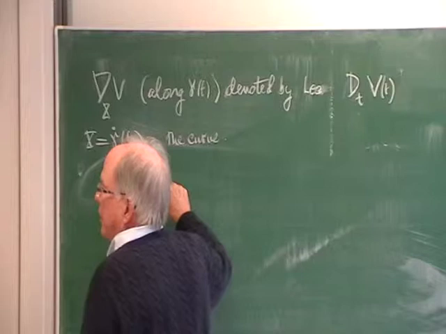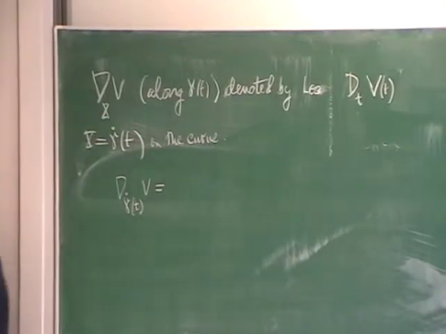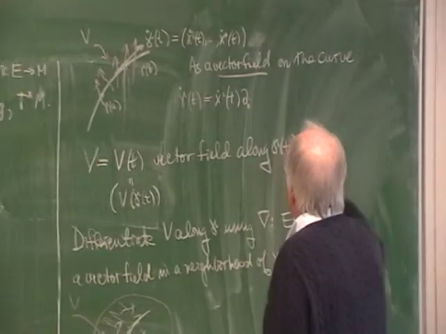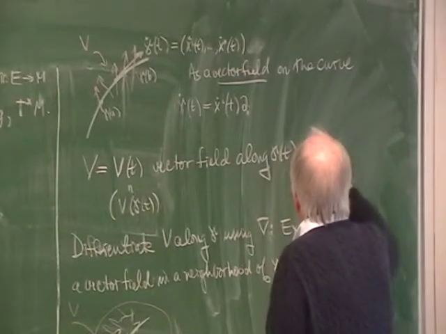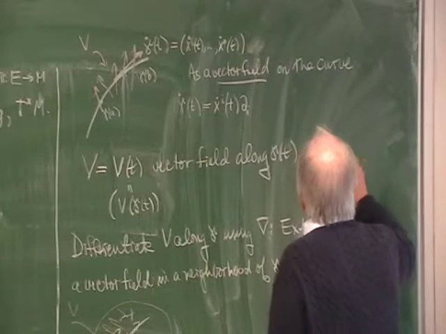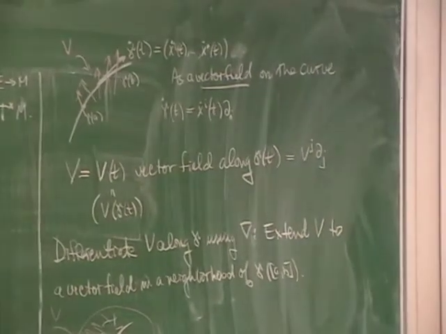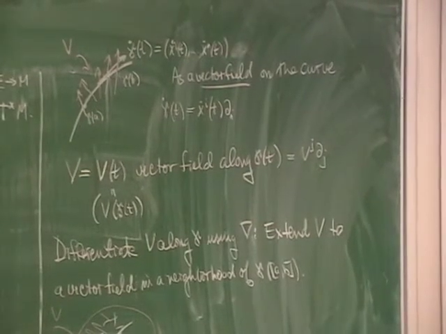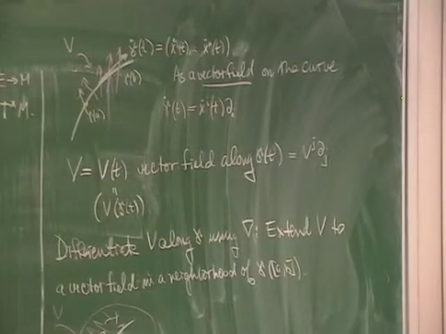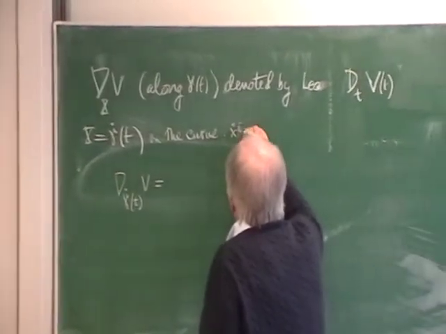Is V around here? No. So let's call this V^j d_j, and this thing is x point i d_i.